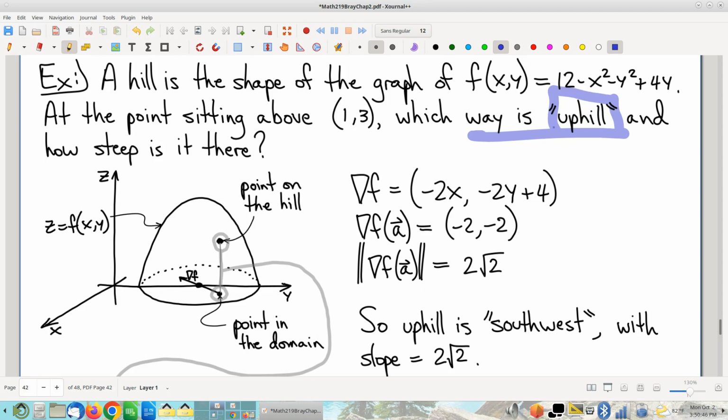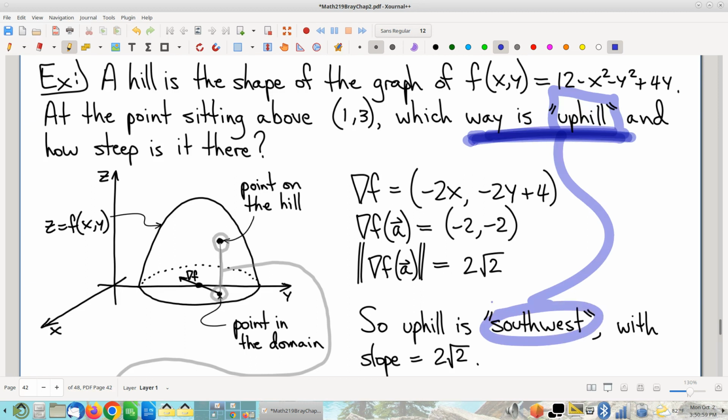What we're looking for is the direction that the gradient points. So merely from the fact that we want to know which direction is uphill, I immediately conclude that I just want to know the direction of the gradient. A little bit of algebra goes into computing that gradient: you take various partials and plug in the point. The gradient at the point that I'm at points that way, and that's southwest.